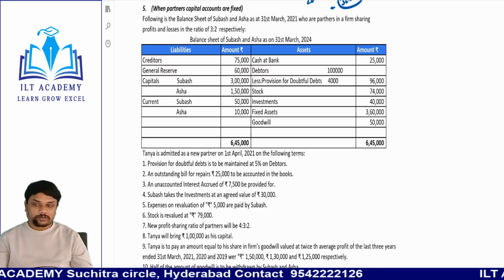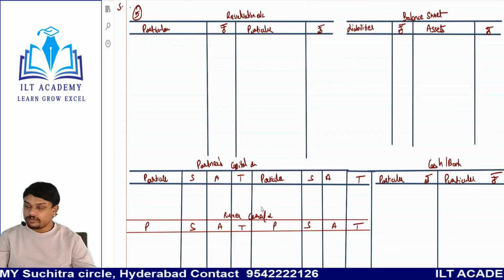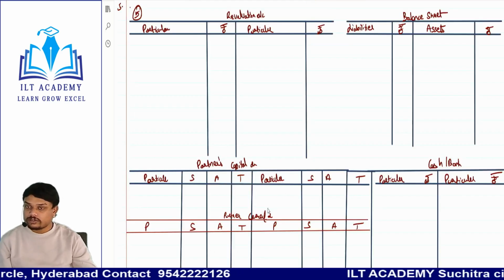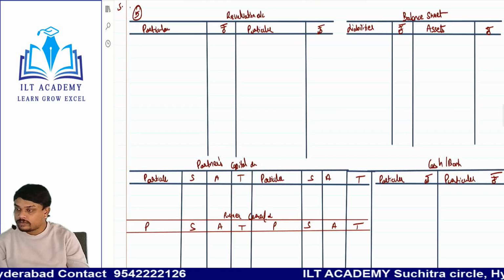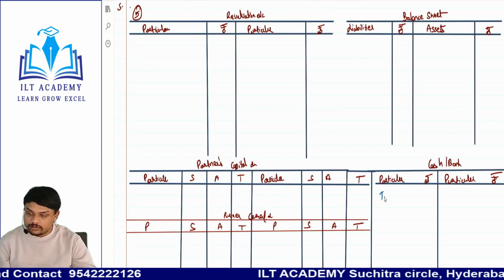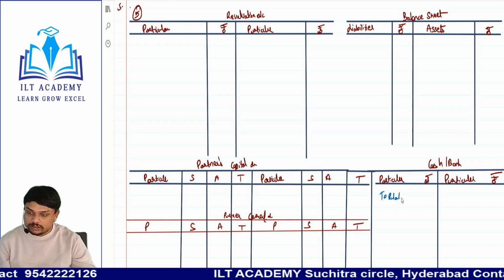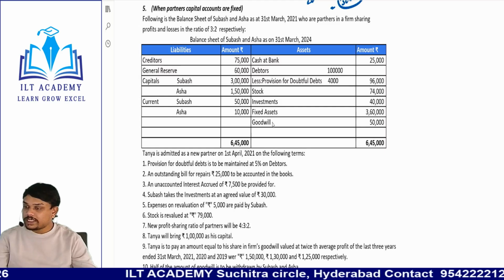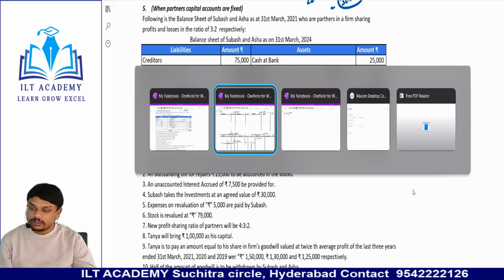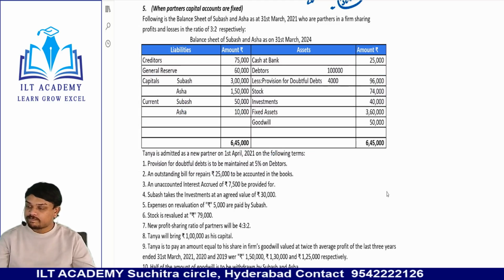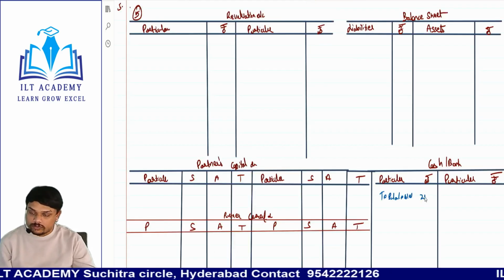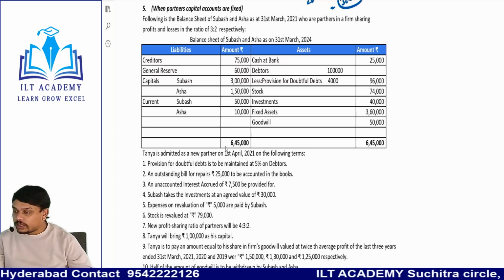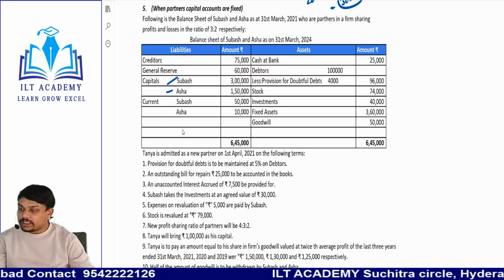Now let us do this question. Cash balance we are having 25,000. Now write down capital account balances and current account balances.